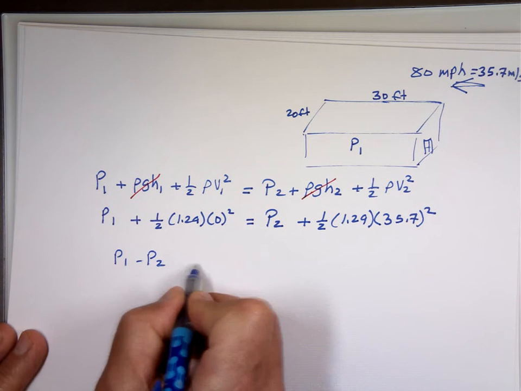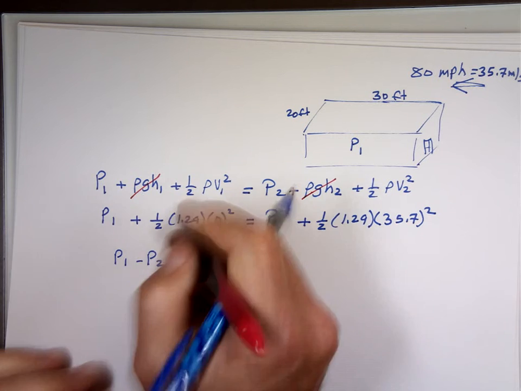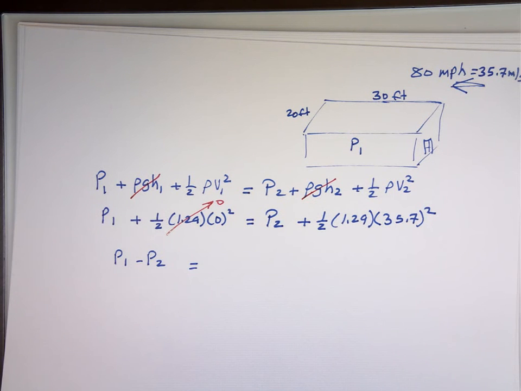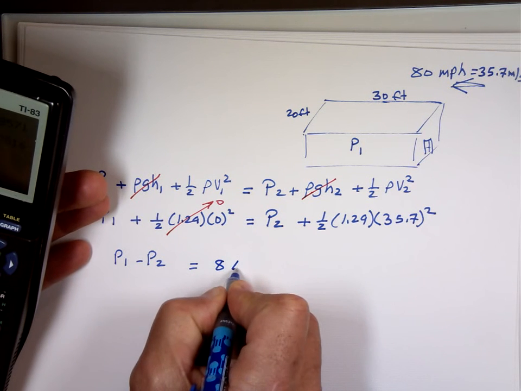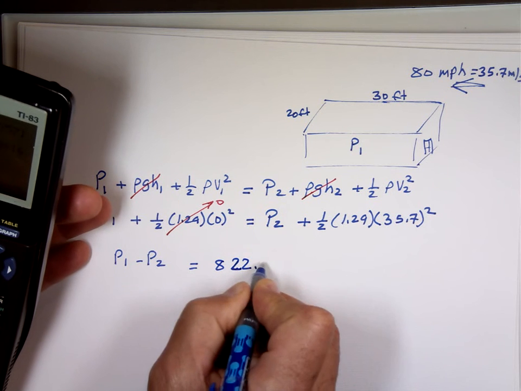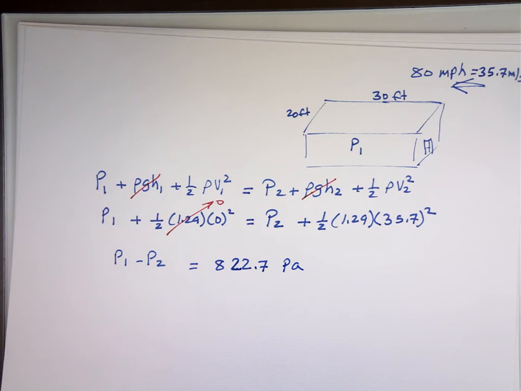P1 minus P2, again, this is 0. Square that times 1.29 divided by 2. It's 822.7 Pascal. Assuming it's a flat roof, assume this is a garage or a shed, a flat roof.